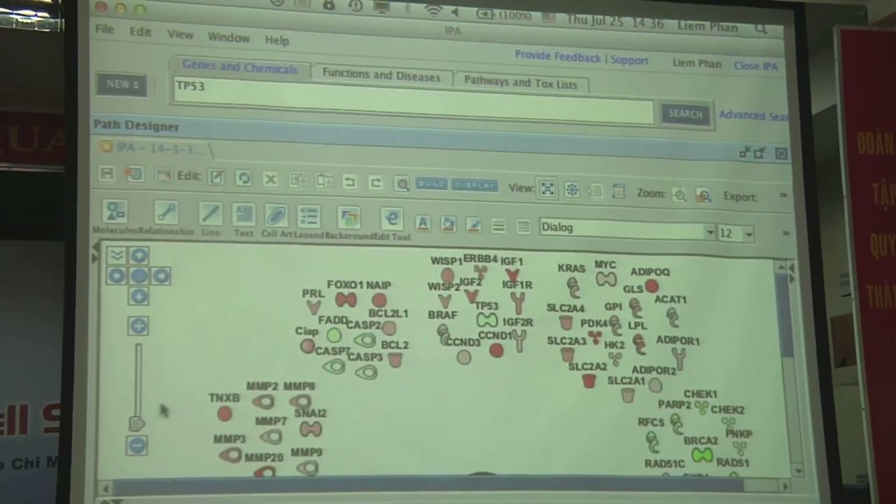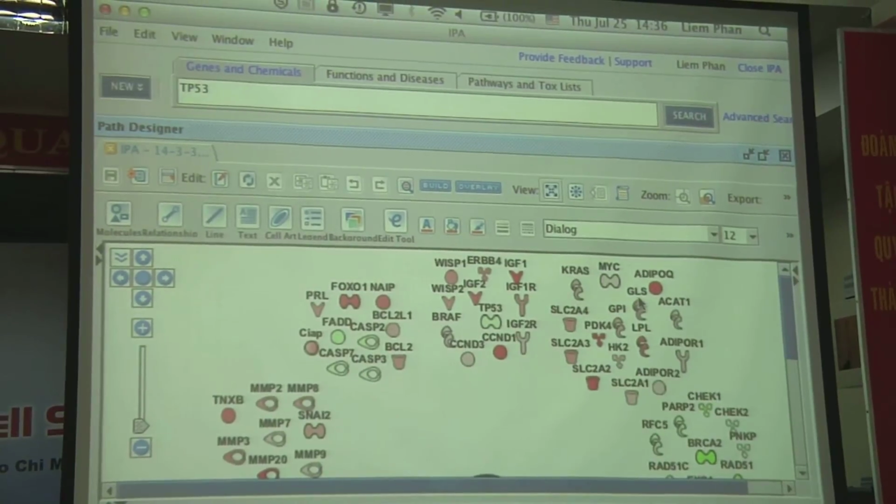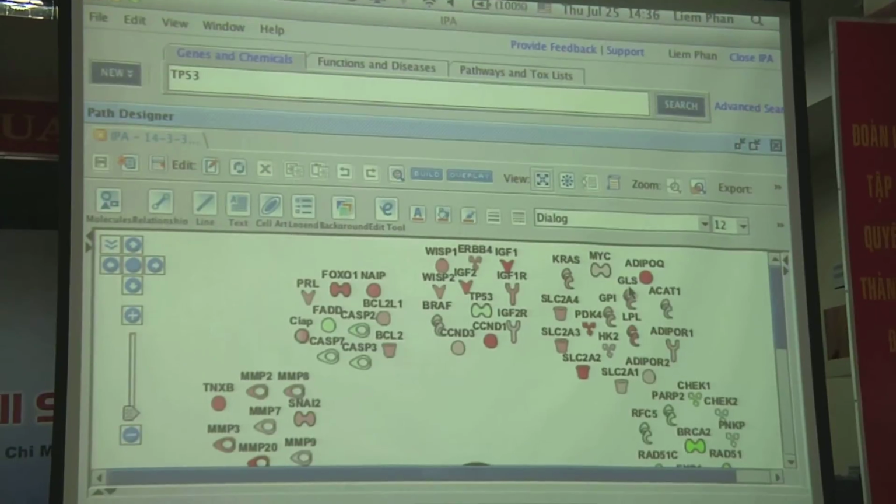Now the figure we did is to study how obesity and diabetes can affect the patients.